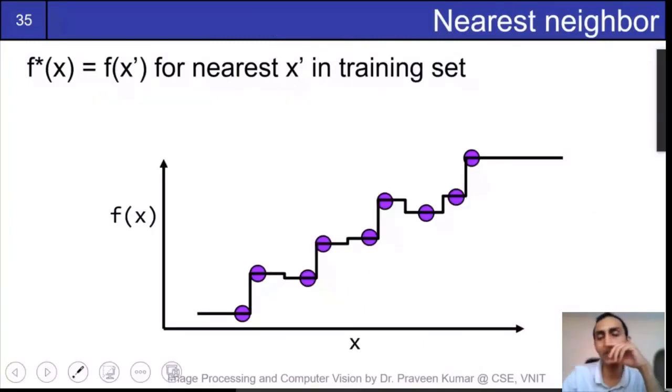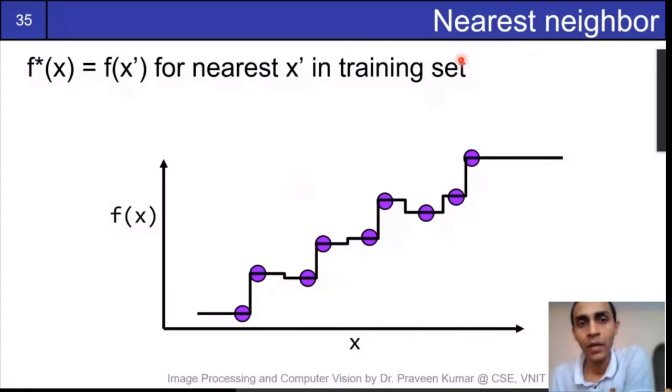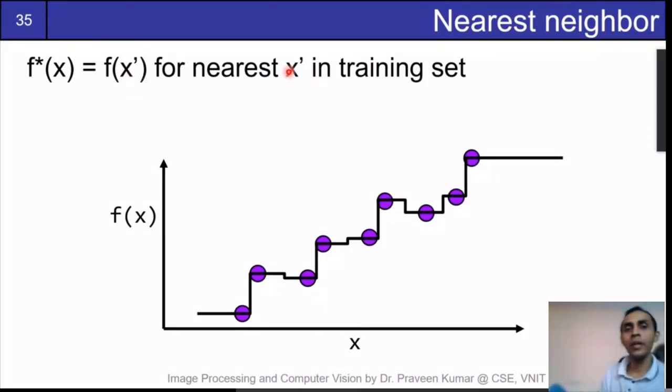The other method, which is quite opposite to linear regression, is the nearest neighbor method. In the nearest neighbor method, when you have a new data point, you find the point in your training set which is nearest to the new data point, and just assign the value of that point as the predicted value.